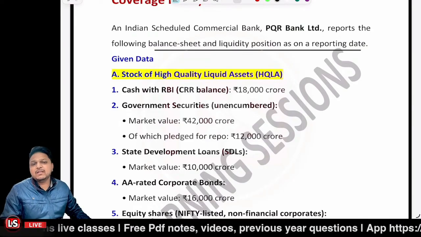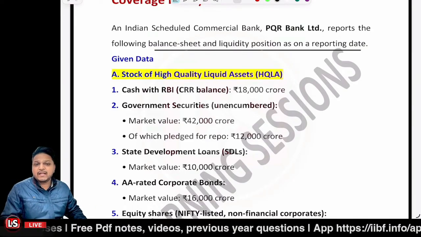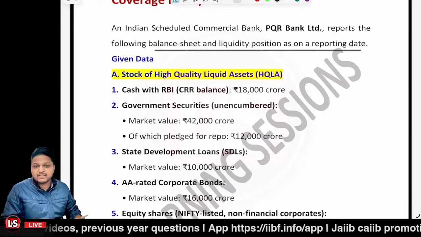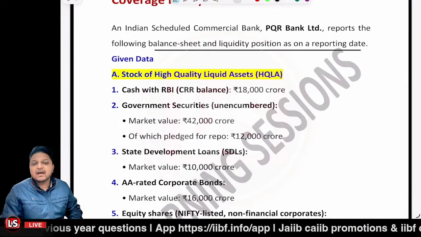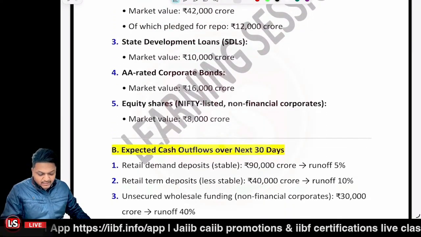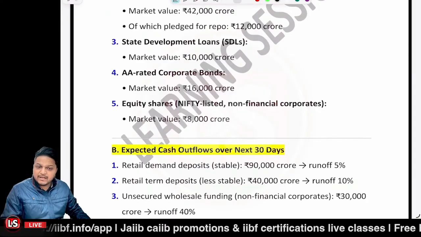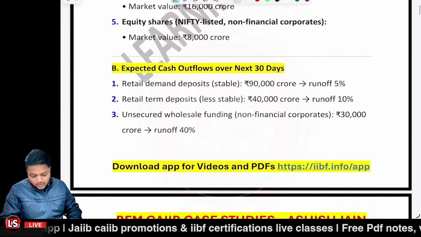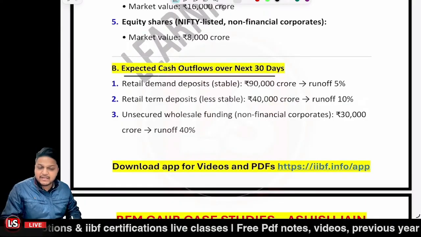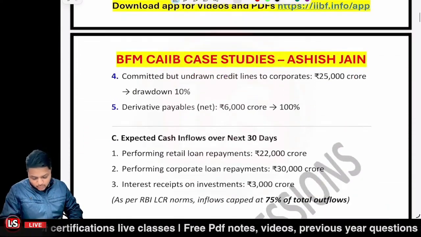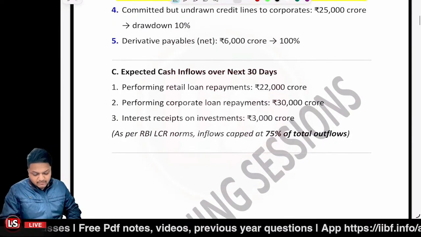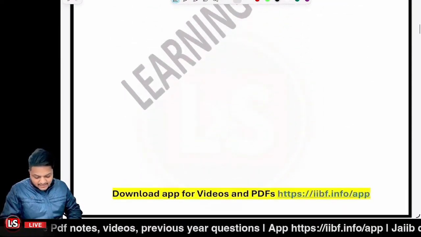We are provided with the stock of HQLA: cash with Reserve Bank of India, CRR balance is 18,000 crore, government securities, SDLs, AA rated corporate bonds, equity shares like Nifty listed, and non-financial corporates, right? That's the value of the same. And we are also told about the expected cash outflows over the next 30 days, and also the expected cash inflows over the next 30 days. So we are given all such data, and let's have a look at the first question.